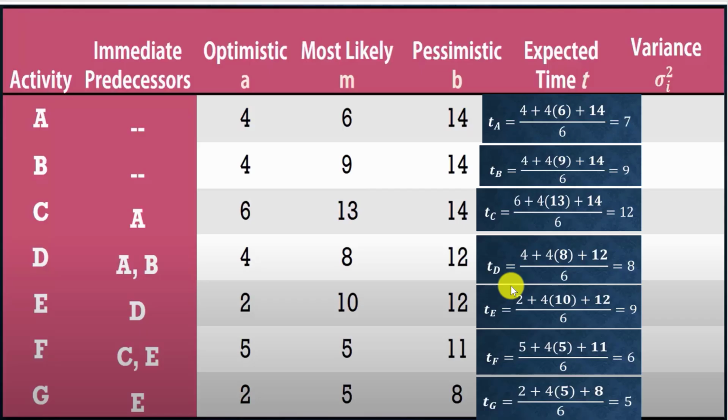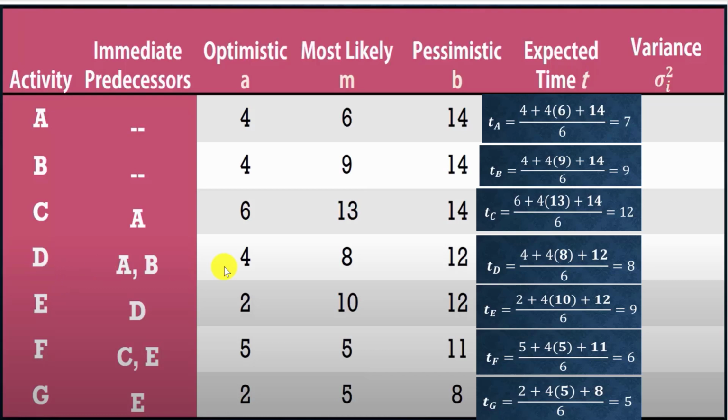So the expected time for A equals 4 plus 4 multiplied by 6 plus 14, divided by 6, which equals 7. The expected time for B equals 4 plus 4 multiplied by 9 plus 14, divided by 6, which equals 9. For C, 6 plus 4 multiplied by 13 plus 14, divided by 6, equals 12.